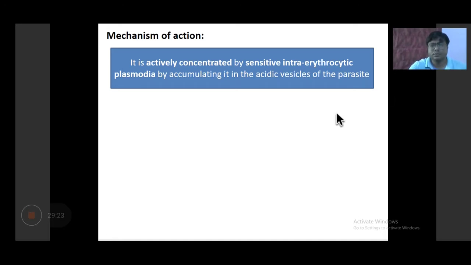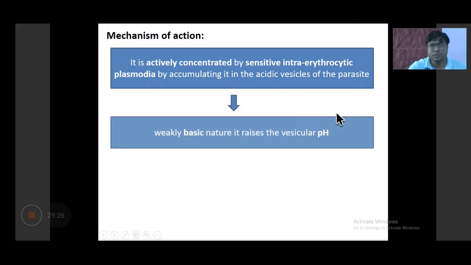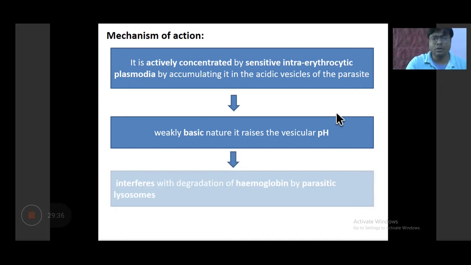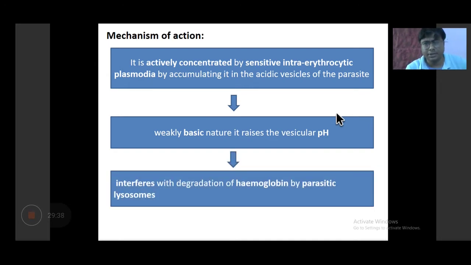Being weakly basic in nature, it raises the vesicular pH. So chloroquine is basic in nature, it will increase the pH of the acidic vesicle of the parasite, which leads to interference with the degradation of hemoglobin by parasitic lysosome. Right?